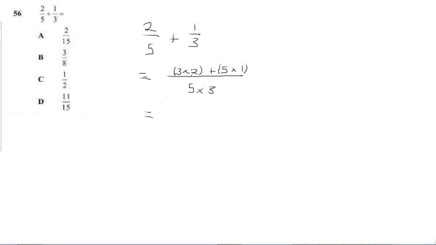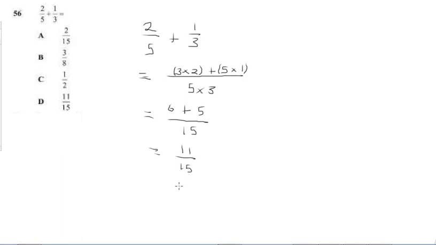And this is equal to 3 times 2 is 6 plus 5 times 1 is 5. And this is all over 5 times 3 is 15. Okay. Then we add that. 6 plus 5 gives us 11 over 15.